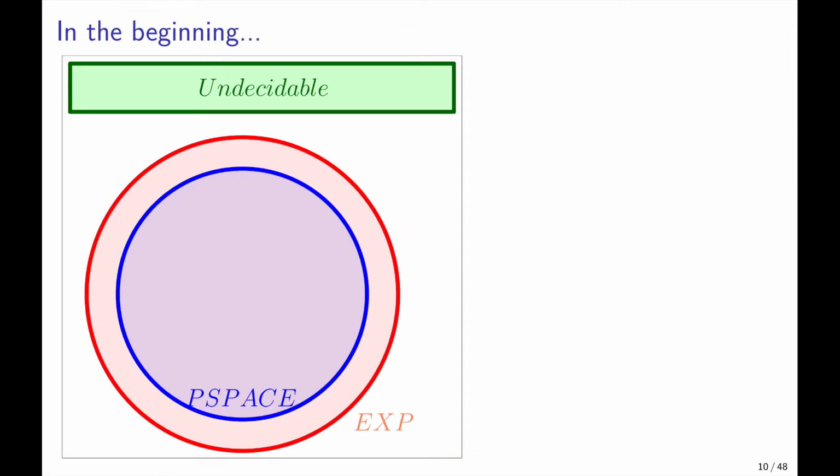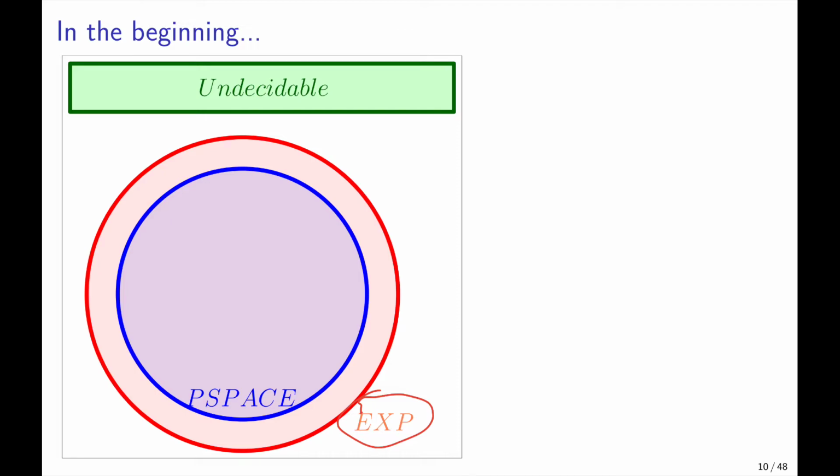Okay, and what do I mean by class? We are dealing with decision problems, because to speak about algorithms formally, it's easier to speak about the decision version, where you give an instance and you have to answer yes or no about the instance. So a decision problem is in the EXP class if there is an algorithm that solves it in exponential time.